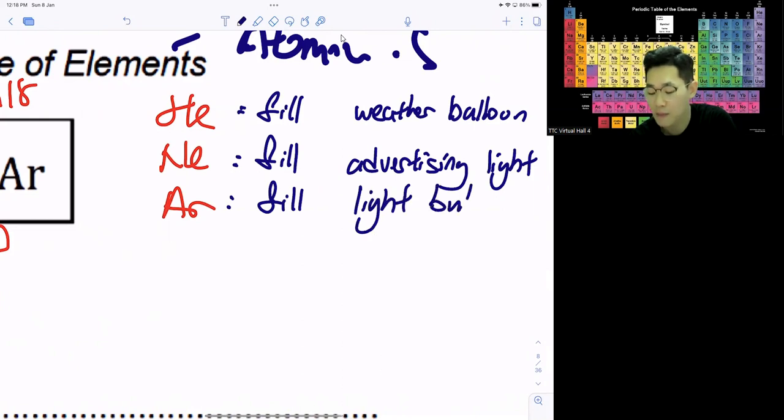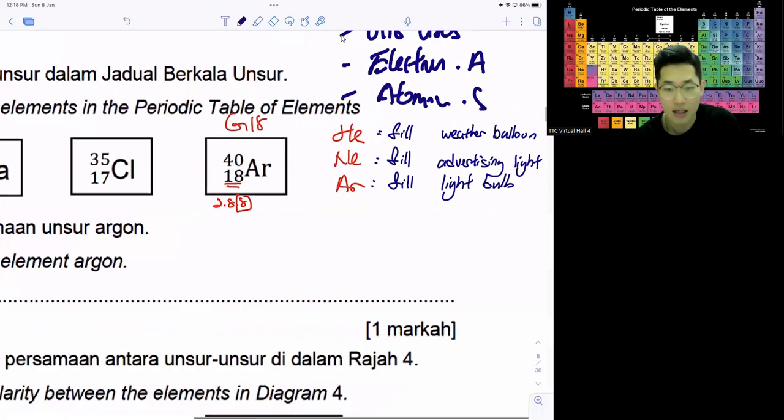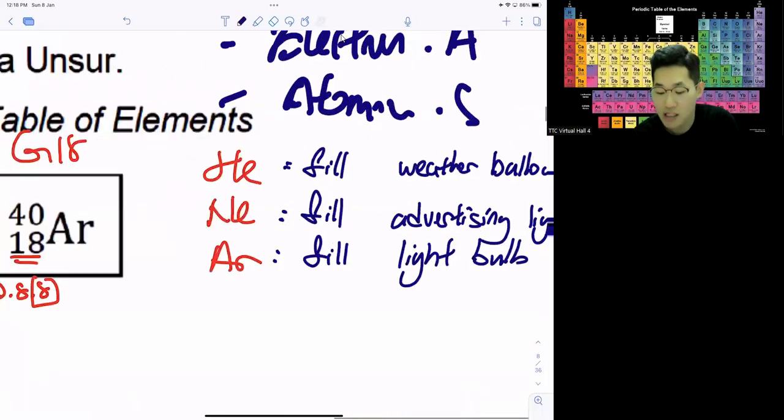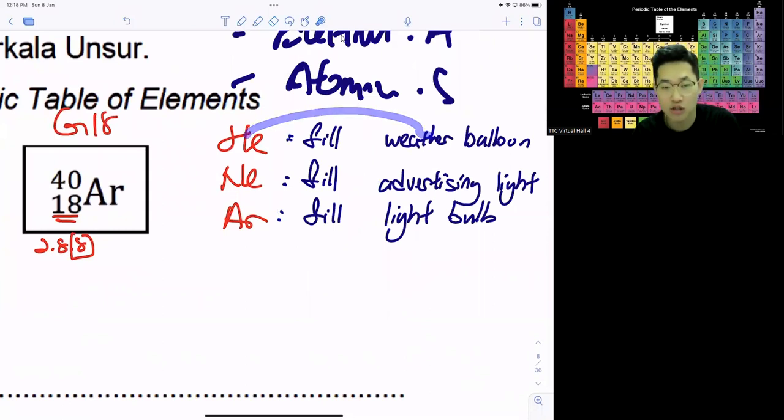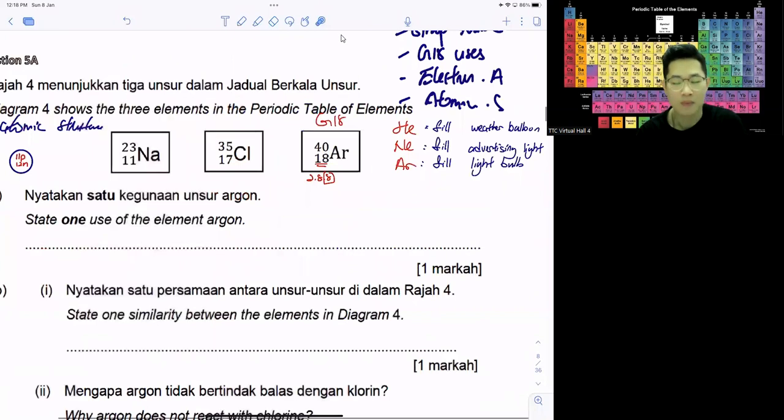Okay, so don't forget to write the word fill. No fill, no marks, because helium is not used to make balloons, it is used to fill inside balloons. So argon is used to fill up the light bulbs.